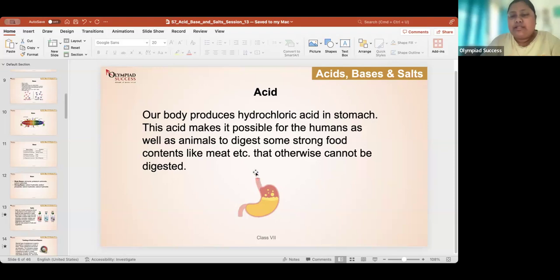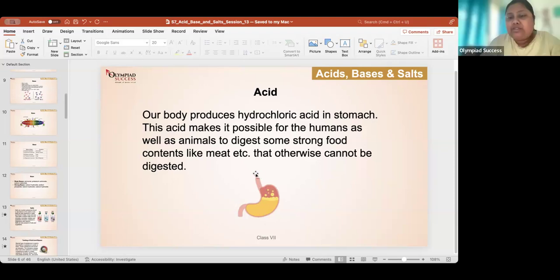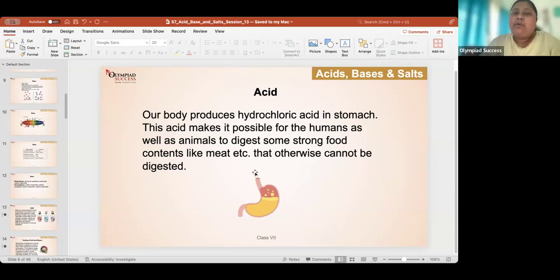You know what's the esophagus, the food pipe? This acid can rise up in the esophagus and cause a chest burn, which is very, very harmful. So one of the implications of acid in our body is that it causes acidity or chest burn. Clear?